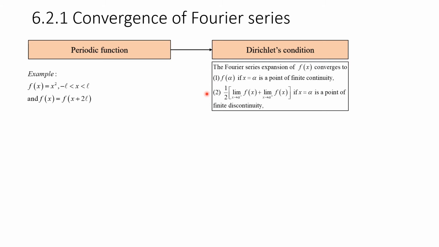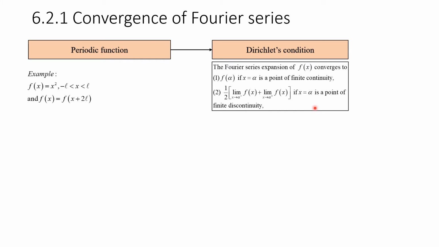And the second one, the Fourier series of f(x) will converge to 1 over 2 times the left limit of f(x) when x approaches alpha plus the right limit of f(x) when x approaches alpha, if x equals alpha is a point of finite discontinuity.